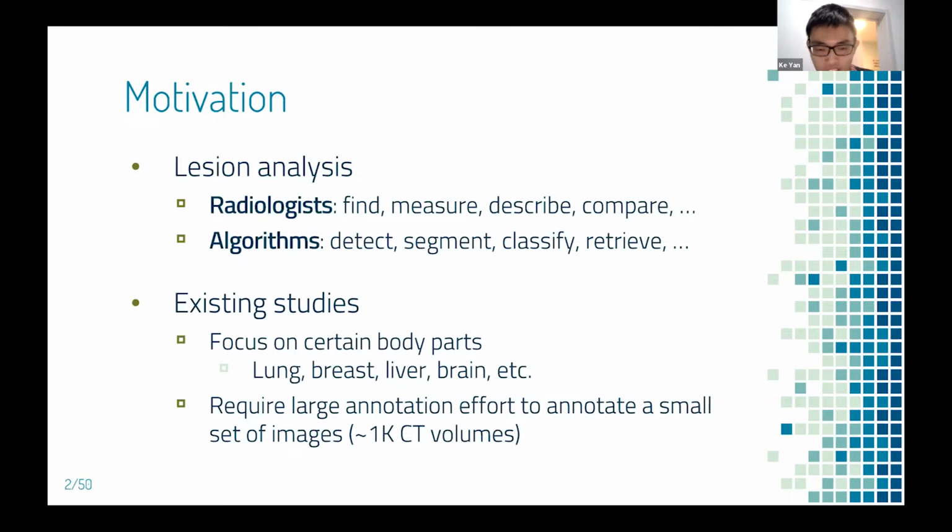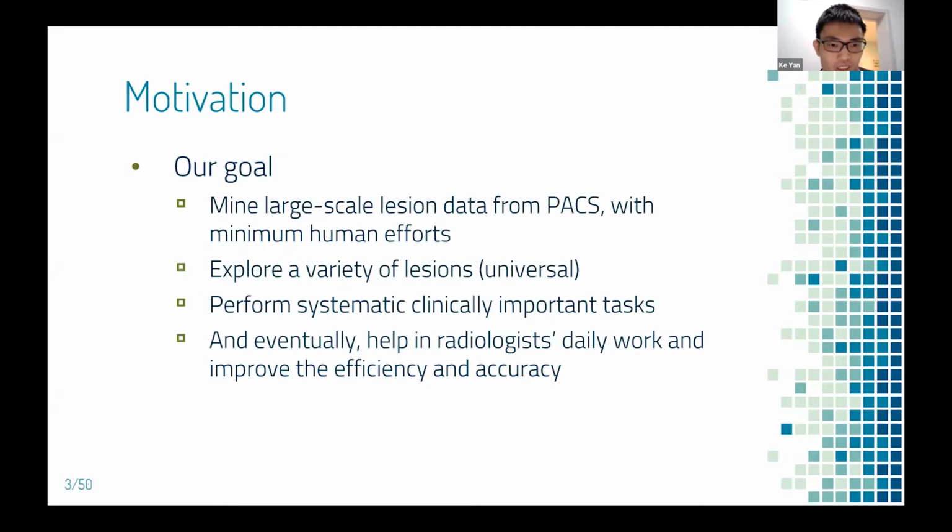To deal with these challenges, our goal is first to mine large-scale lesion data from PACS. PACS is a database of the hospital, and we want to do it with minimal human effort. We also want to explore a variety of lesions, that is, be universal, so we don't focus on only one or two organs.